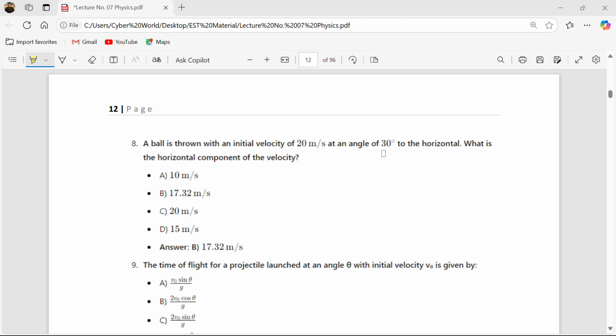We know that cos of 30 is equal to root 3 by 2, and root 3 by 2 is basically 0.8. When 0.8 is multiplied by 20, the answer is 17.32. So this is the correct answer.